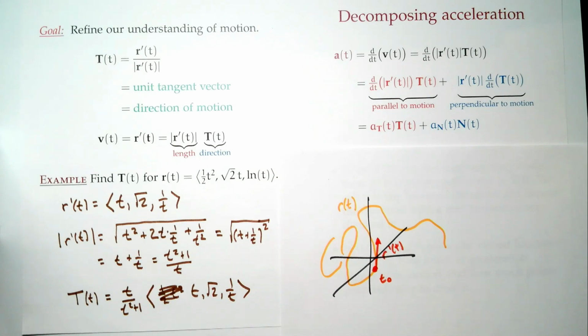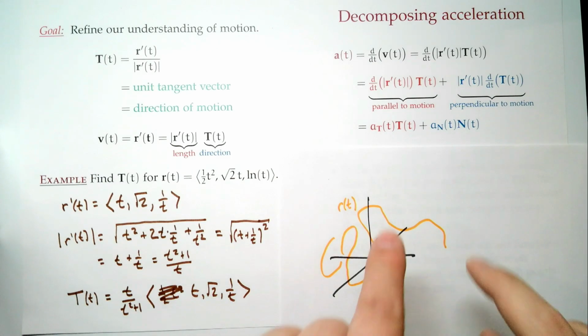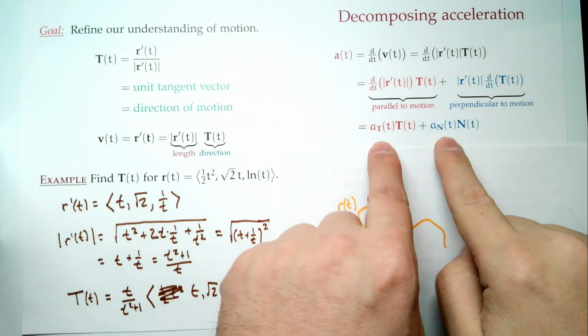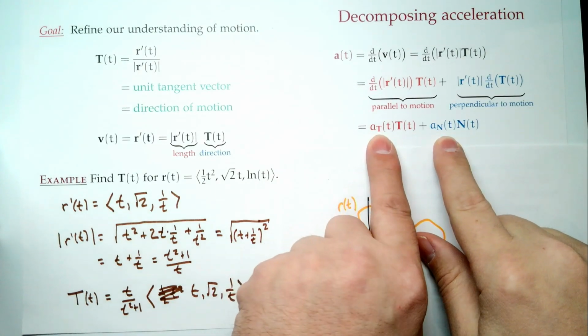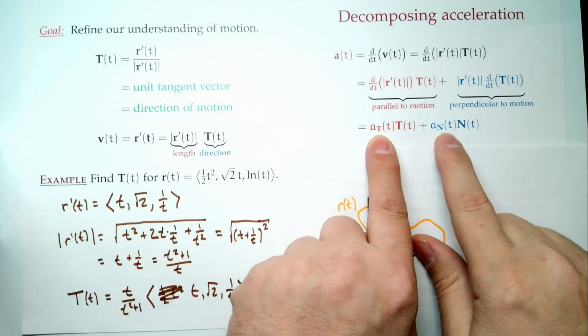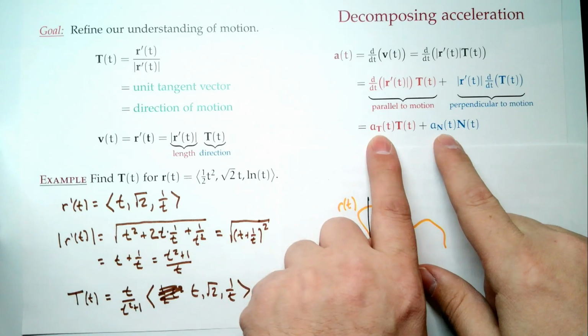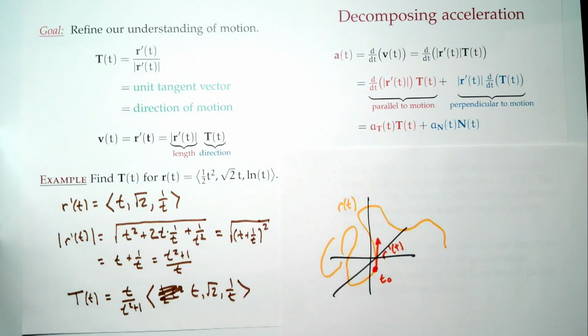Then there's a perpendicular aspect, which is trying to make it turn, trying to turn it to the side. So we can always break acceleration into these two pieces. Our goal for today is to find how much of acceleration goes with motion, and how much goes perpendicular to motion.